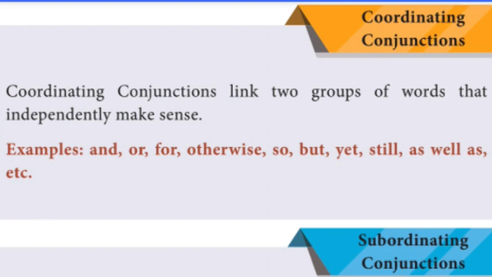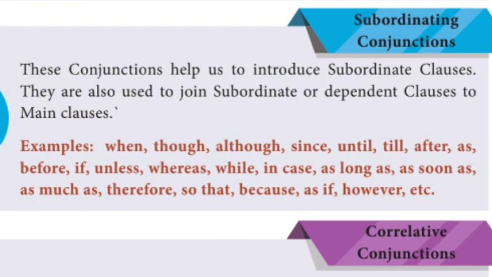Dear students, let's revise. Coordinating conjunctions. What are coordinating conjunctions? Coordinating conjunctions link two groups of words that independently make sense. Examples: and, or, for, otherwise, so, but, yet, still, as well as, etc. Next one, subordinating conjunctions. Subordinating conjunctions help us to introduce subordinate clauses.